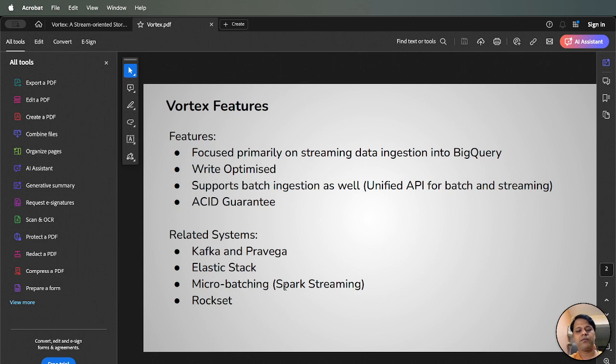Another system or database we have seen is Rockset, which is a truly streaming system for performing analytics. Nowadays with AI, the ingestion and analytics of data in real time is very important. Rockset, you must have heard, was acquired by OpenAI, with more focus on real-time data with respect to AI.